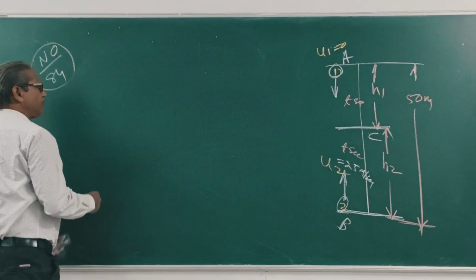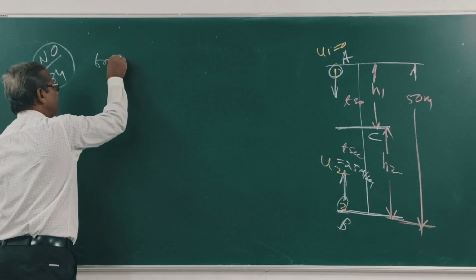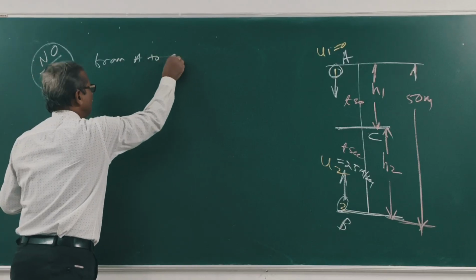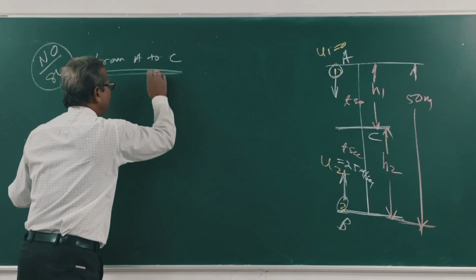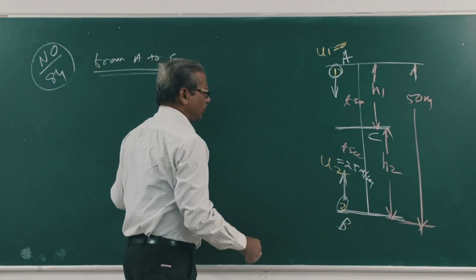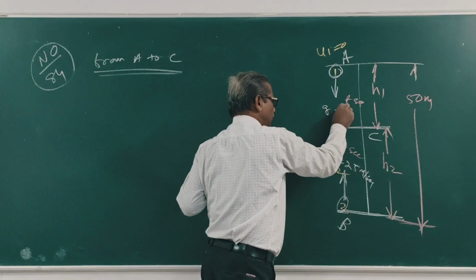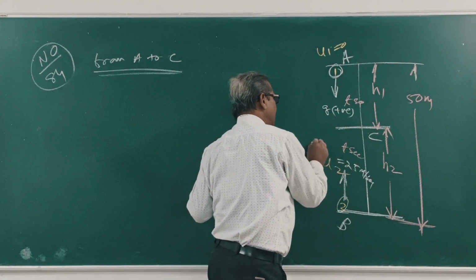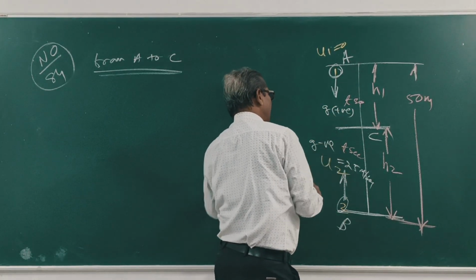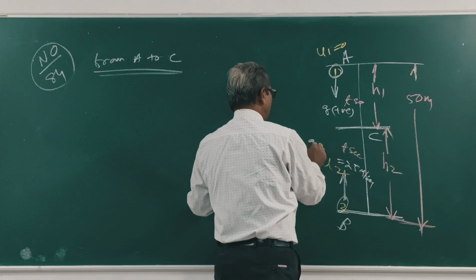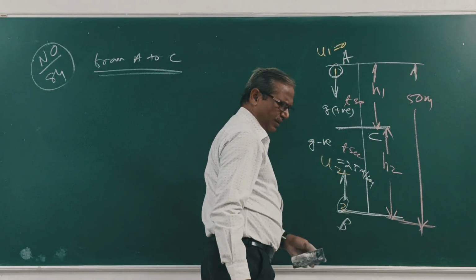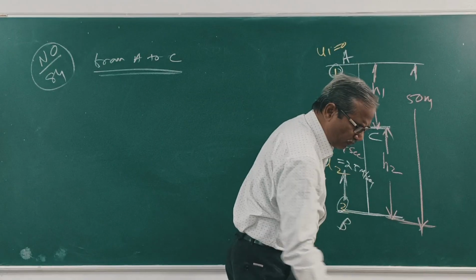From A to C, downward motion, G is positive. From B to C, G is negative. Clear? From A to C, G is positive.